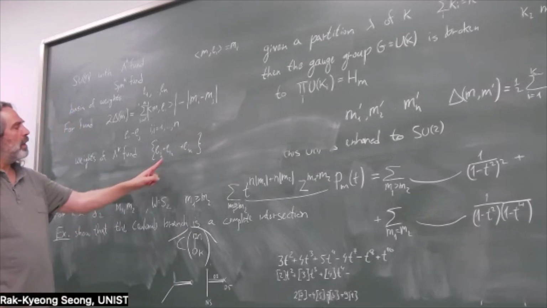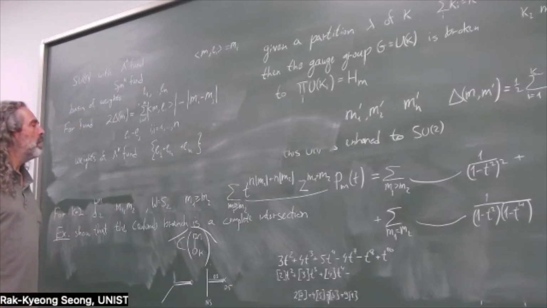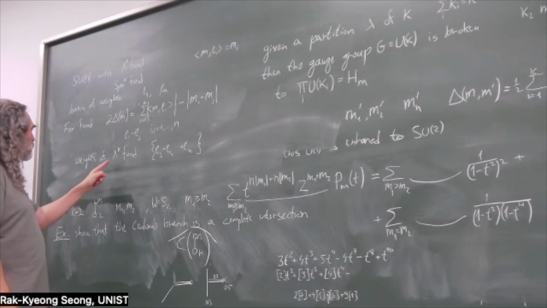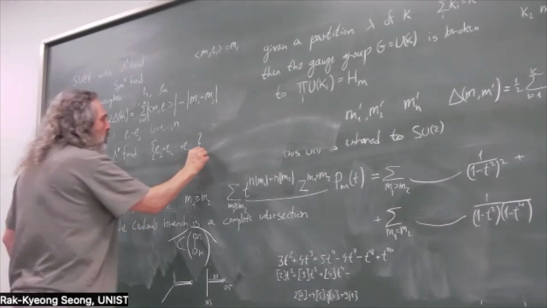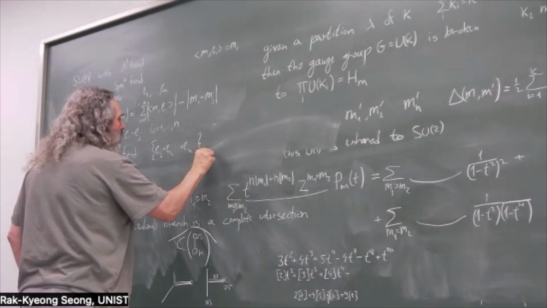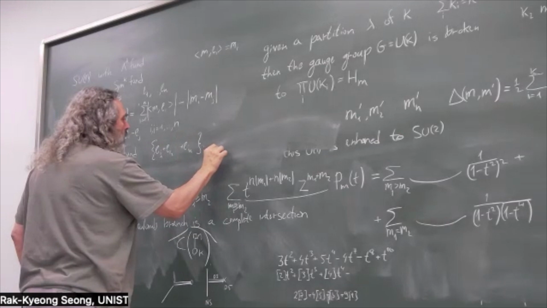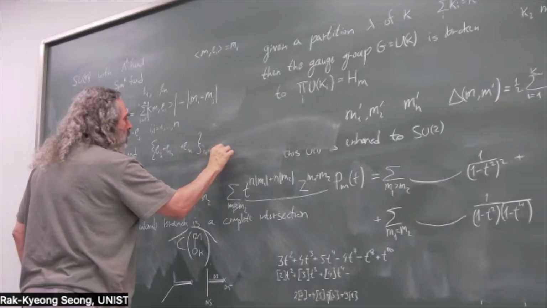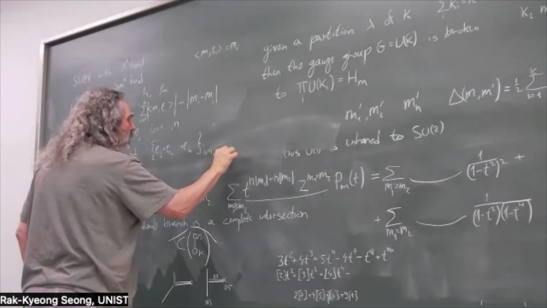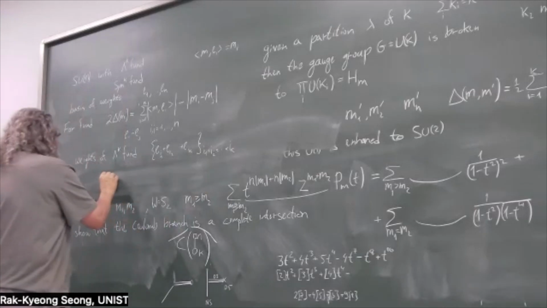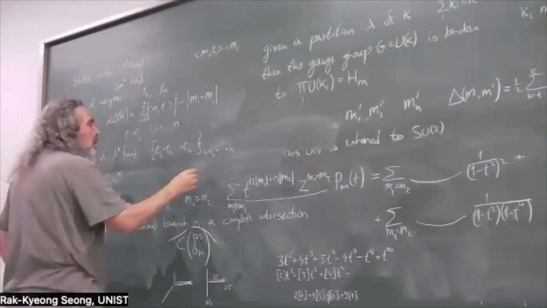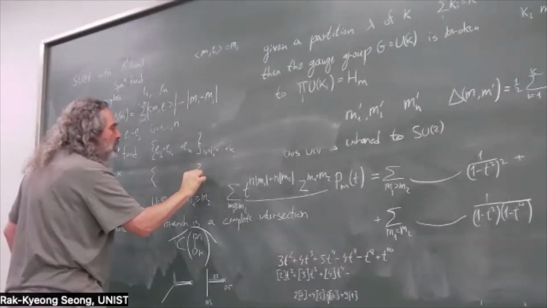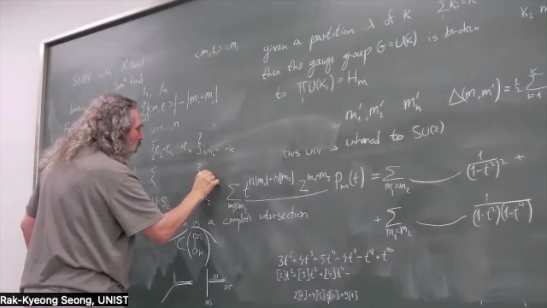And each i goes from 1 up to n, but because we are looking for an antisymmetric, I need to put a condition that i1 is less than i2 less than the last one, ik. And for the symmetric product, it will be the same thing, but with equal.